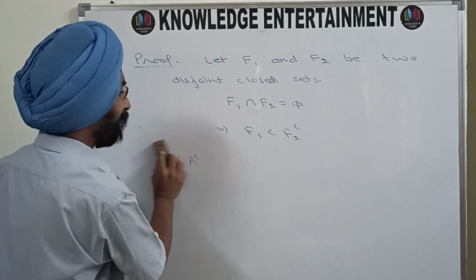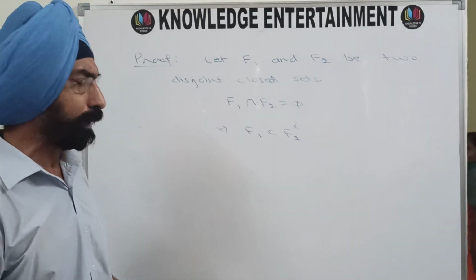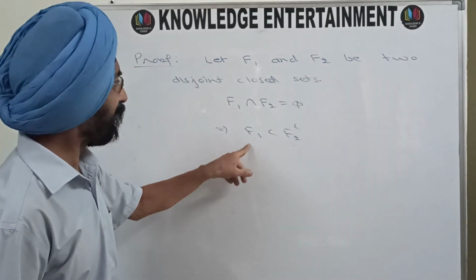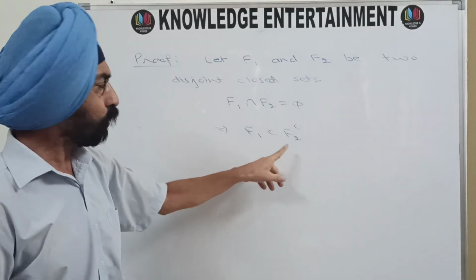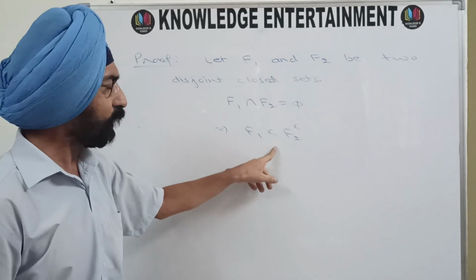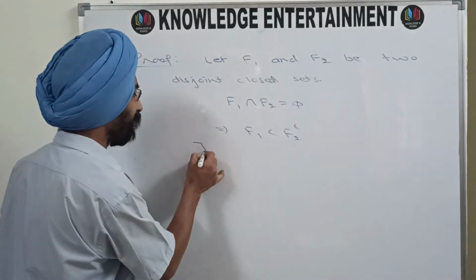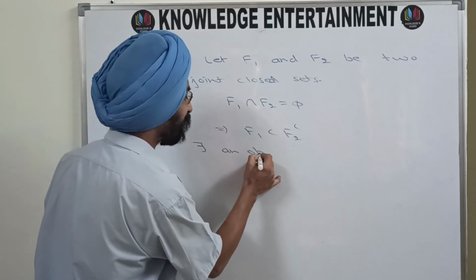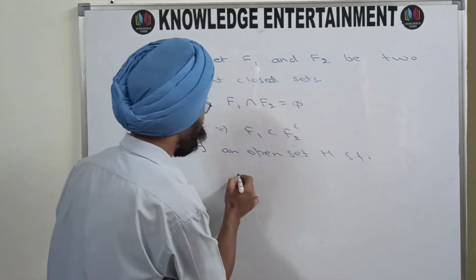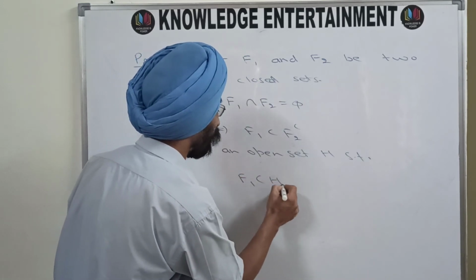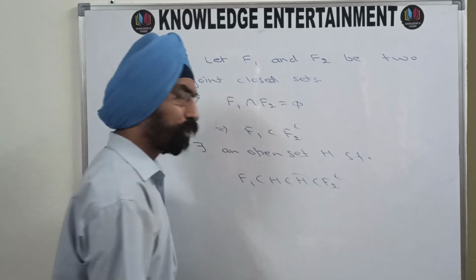That means F1 is a subset of F2 complement. Now F1 is closed and F2 is closed, so F2 complement is open. So a closed set is a subset of an open set. By the given hypothesis, there exists an open set H such that F1 is a subset of H, is a subset of H bar, is a subset of F2 complement.